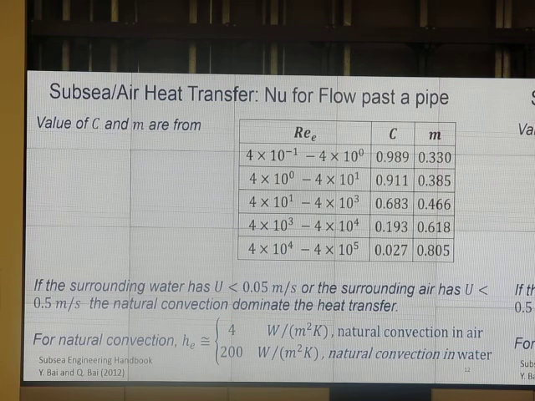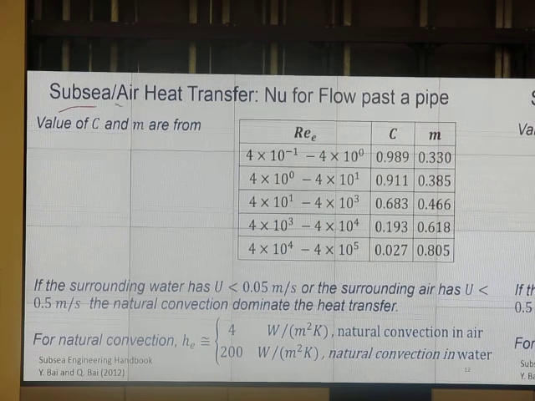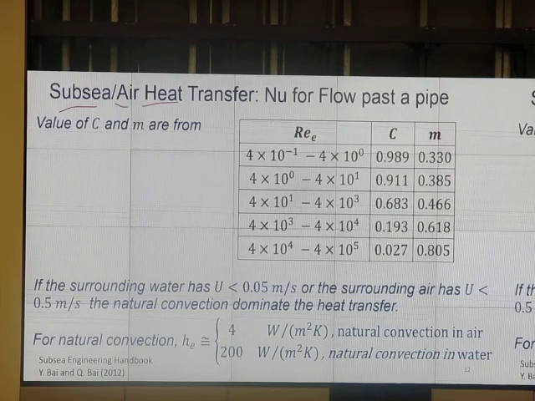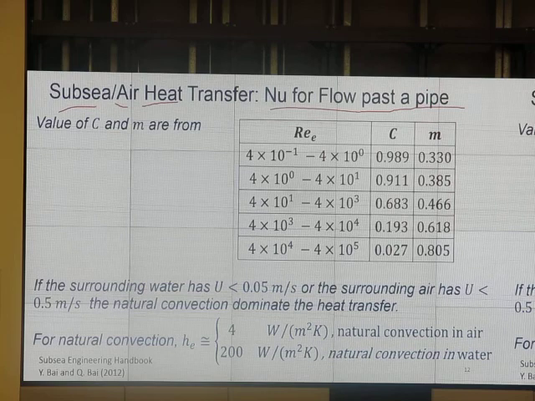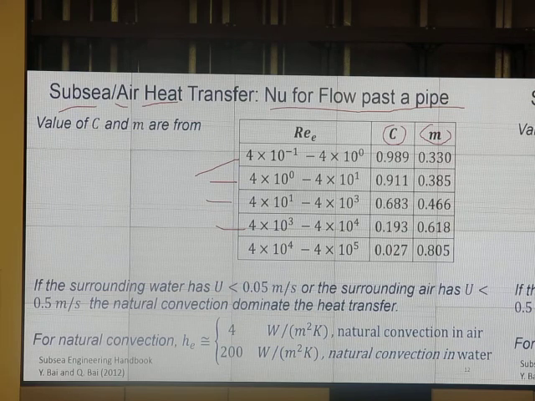So for subsea and air heat transfer, the Nusselt number for flow past the pipe comes from the correlation. For a certain range of Reynolds number, the C value and exponent M change, okay? But what if air doesn't move or water doesn't move? Natural convection still happens, okay?